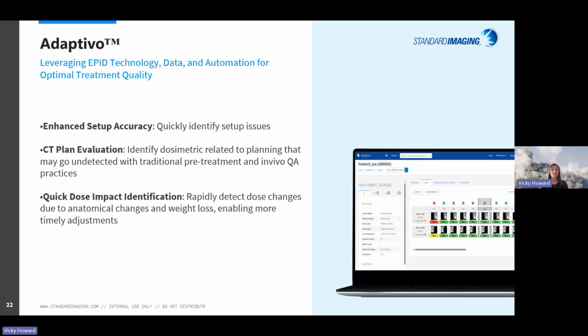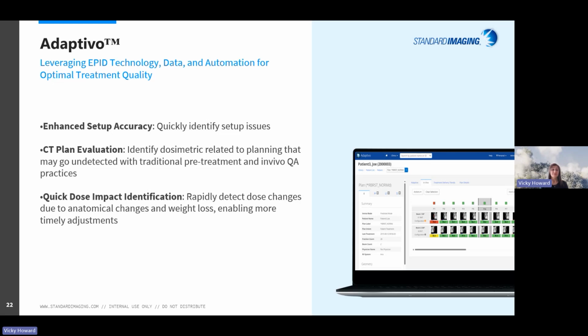So really, in summary, Adaptivo does an excellent job allowing you to leverage your EPID technology, use the corresponding data and automation to really optimize treatment quality for your patients throughout their treatment process, not just through the planning and pre-treatment process.